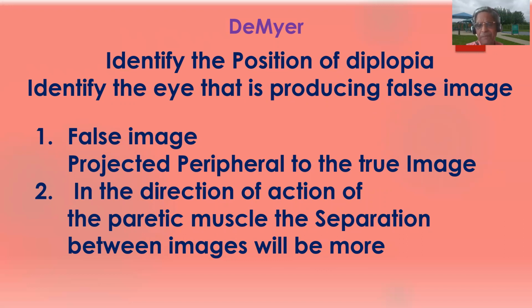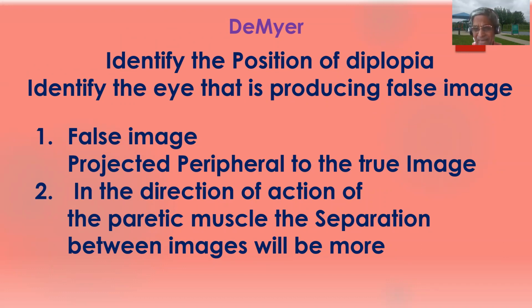Suppose, imagine, my right lateral rectus has a problem. When I look towards my right side, my right lateral rectus is not working. That means in that position I will have more diplopia. The diplopia will be maximum in the direction of the action of the muscle. This is what you are supposed to know. There only you can have maximum separation of the images.